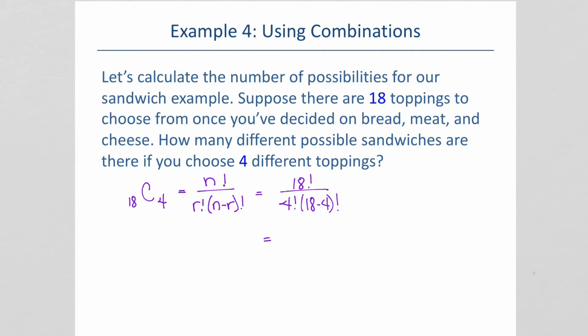On the bottom, we'll have 4 factorial times 14 factorial. On the top, we'll go down to 14: 18 times 17 times 16 times 15 times 14 factorial.